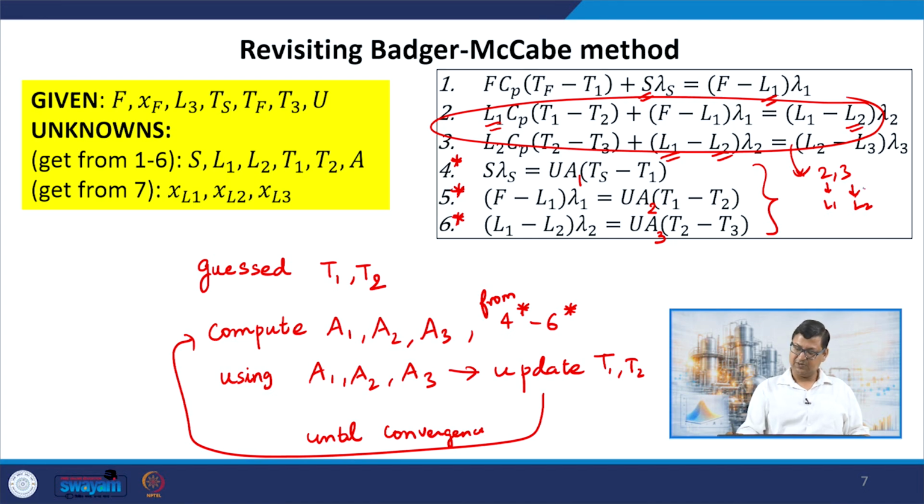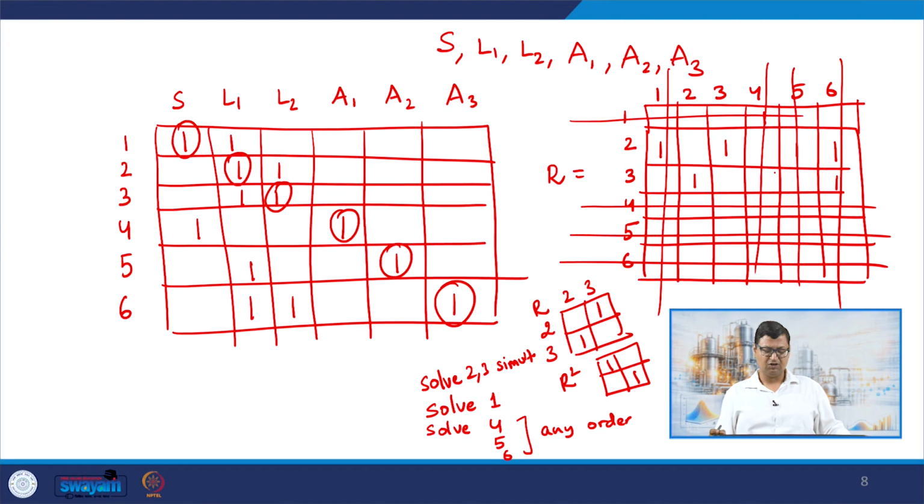So then once we have got this, I can solve S from the first equation, and once we have got S, L1, L2, I can get A1, A2, A3 from the remaining equations, pretty much what we have done in the Badger-McCabe method, right? Now the question is, was that a good choice, right?